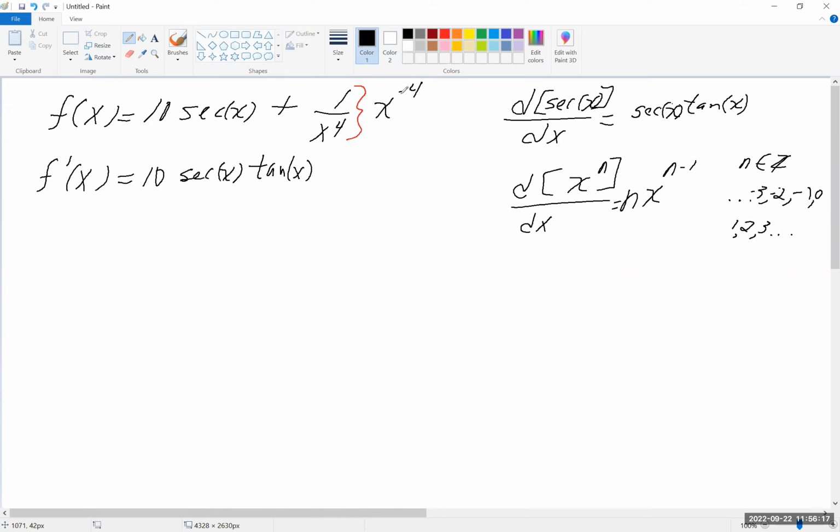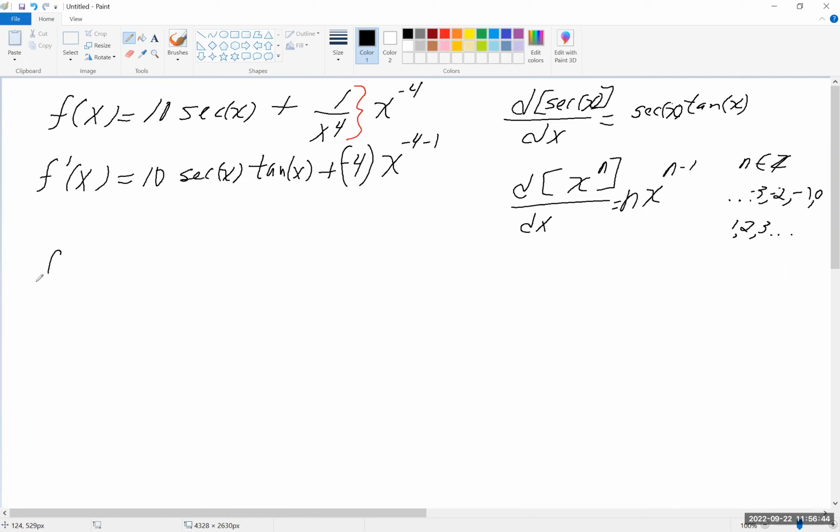This is another way of representing that, right? So then I am able to bring down the -4. But those are parentheses. Let me see if I could do that a little better. I don't really need them, but because of this plus sign, I think it's worth doing that. And then it's x to the -4 minus 1.